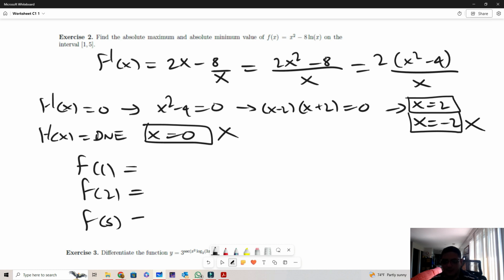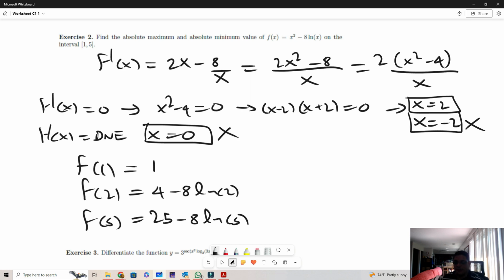So f of 1, plugging into the original function, is going to be 1. f of 2 is going to be 4 minus 8 log of 2. And f of 5 is going to be 25 minus 8 log of 5.